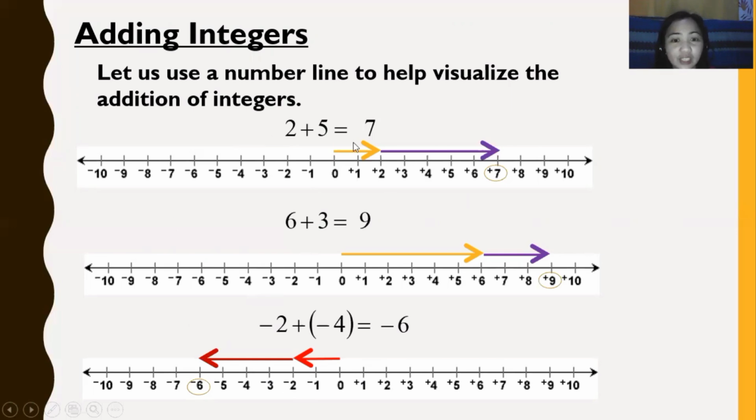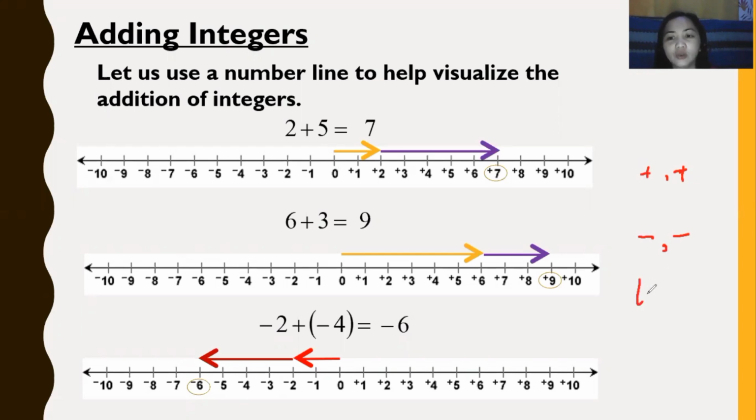So here, as you can see, in these three examples, we have addition of like sign. When we say addition of like sign, we are adding both positive, or we are adding both negative numbers.